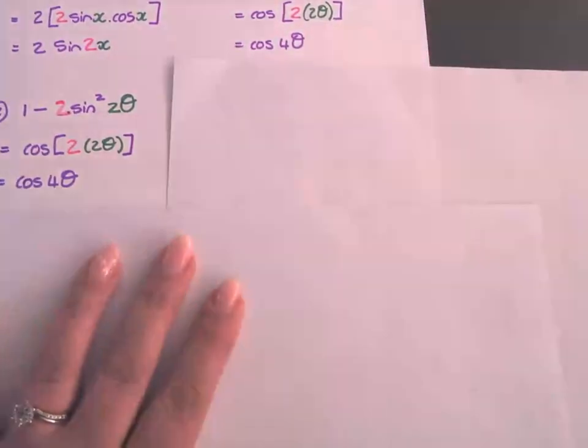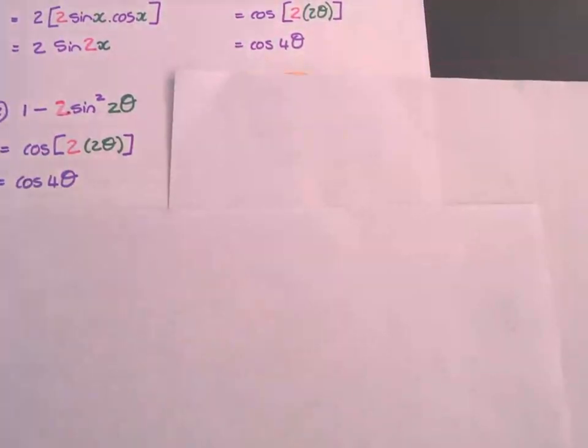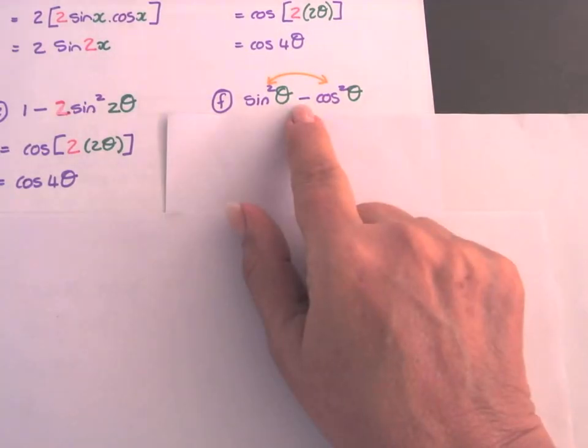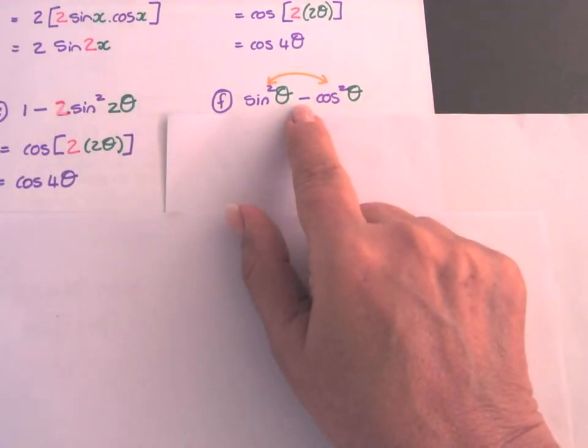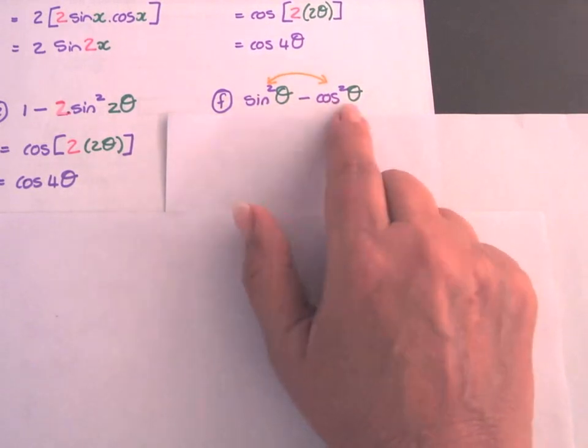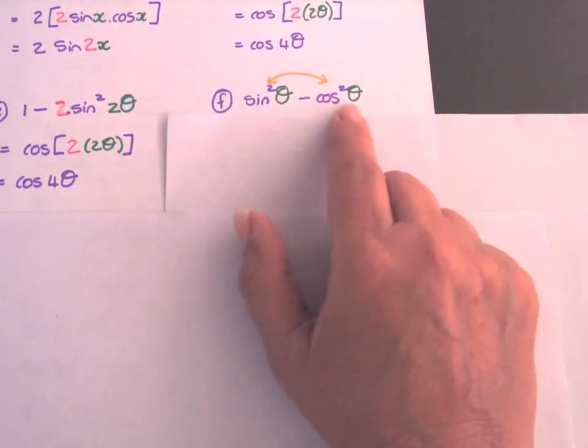Yes. The next one, now we get some more meat on the sentence. Sine squared minus cos squared. Okay, there's a minus. It must be double cos. But it's the wrong way around. It must be cos squared minus sine squared.